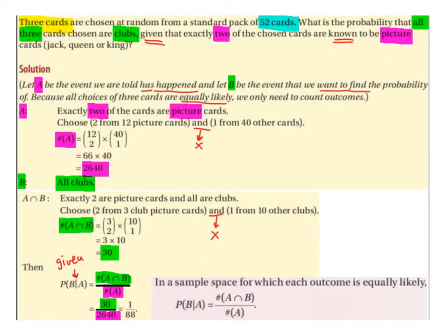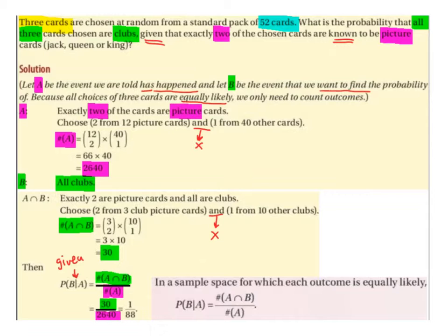So we know there are 13 clubs altogether in any pack, and we know that 3 of them are picture cards. So the king of clubs, the queen of clubs, and the jack of clubs. So we want to choose 2 from the 3 club picture cards, which is 3 choose 2, and multiply 1 from the 10 other clubs. 13 take away 3 leaves us with 10 other clubs. So 10 choose 1. That's 3 times 10, which is 30.